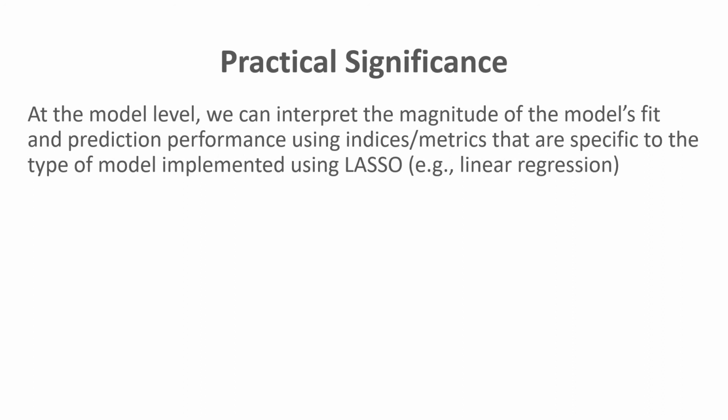Okay? But that's really what we mean by practical significance here, is the predictive performance. So what is the magnitude of the predictive performance and accuracy of the lasso regression that we have trained and that we are ultimately going to apply to new, fresh, holdout data that haven't yet seen the model.